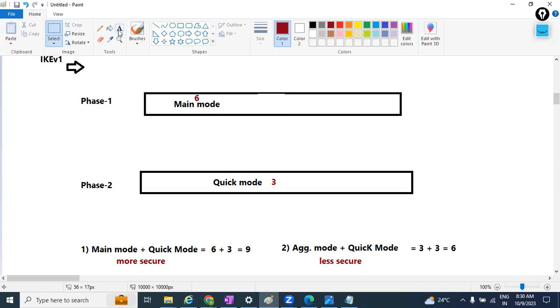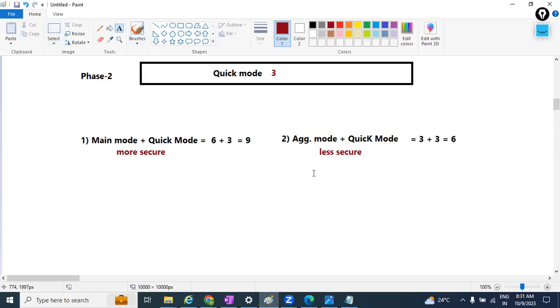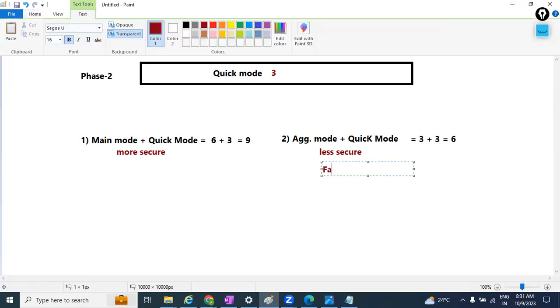If I compare the first combination, it is slower because it has 9 messages, and the other has 6 messages. Obviously, common sense says 6 is faster, but it is less secure.